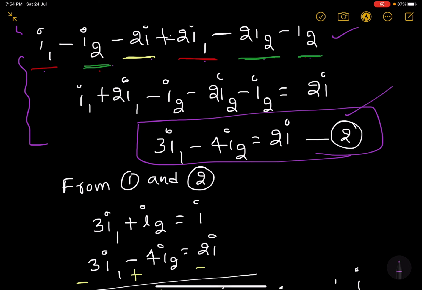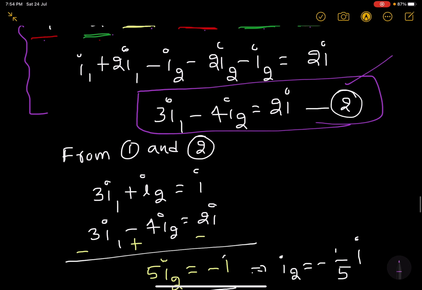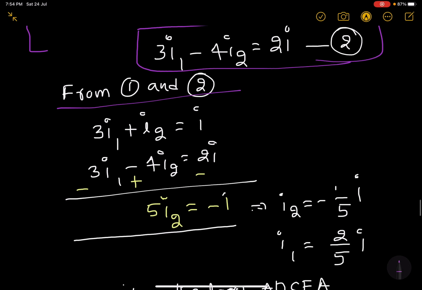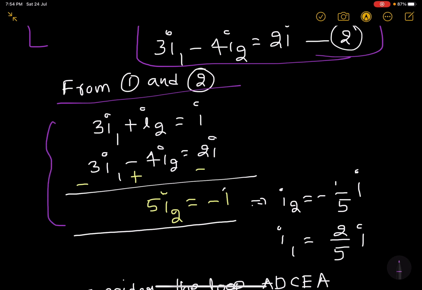So this is equation 2, and above it is equation 1. From equations 1 and 2: 3I1 plus I2 equal to I, and 3I1 minus 4I2 equal to 2I.